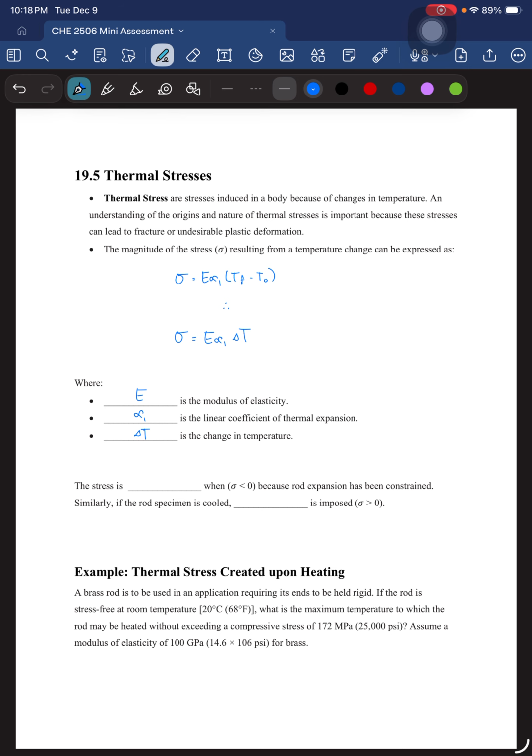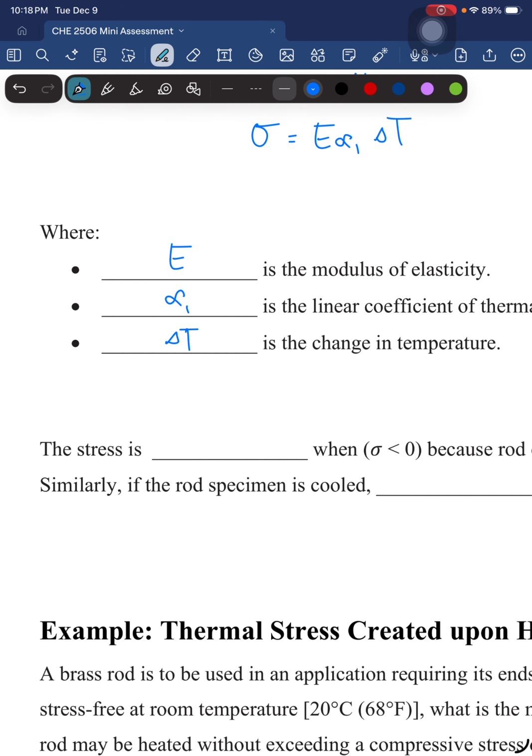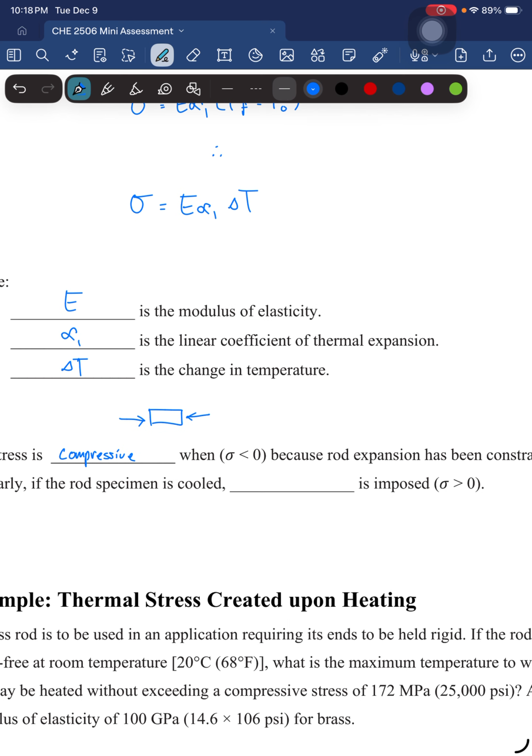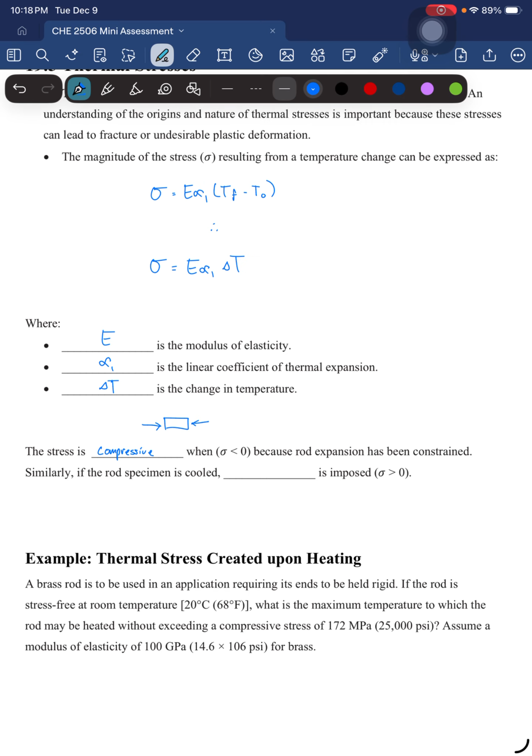The stress is compressive, meaning it's being compressed, like this material here, when stress is less than 0 because rod expansion has been constrained.